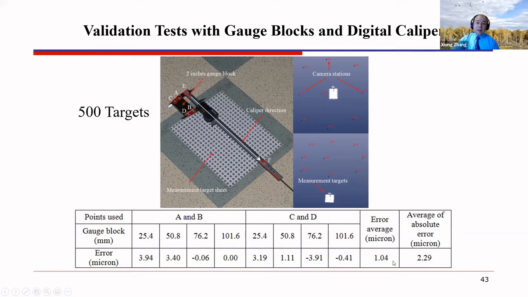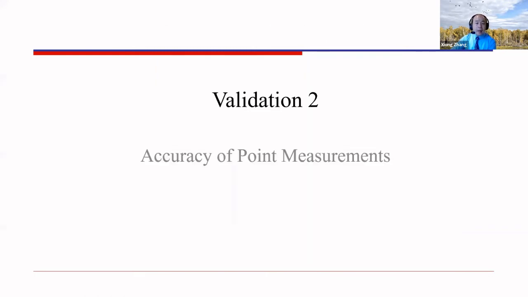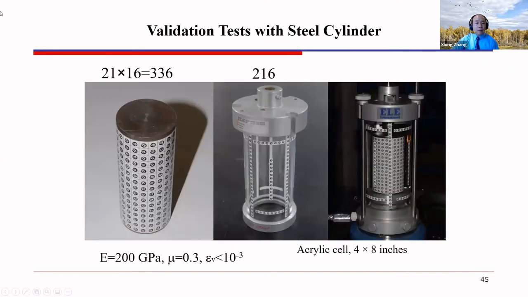We found the average absolute error is about 2.3 micron, and the average error is just 1 micron. This is very high accuracy, which represents the accuracy of photogrammetry in air. We also validated the measurement of the proposed method for points in the water.